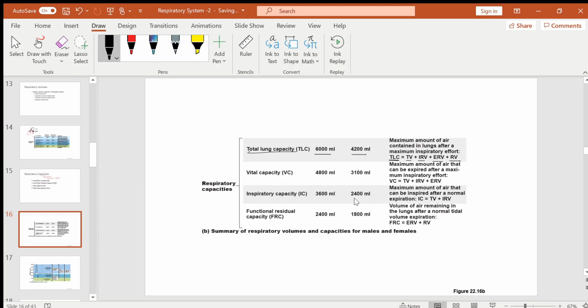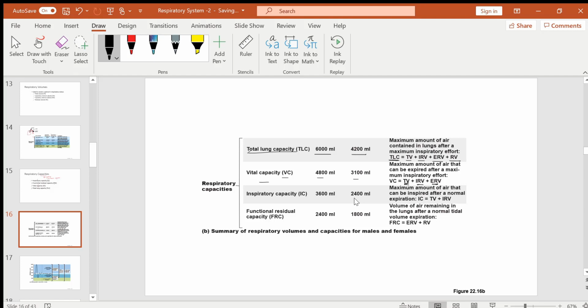One is the strength of the respiratory muscles, and number two, the size of the lung. Vital capacity: if you add tidal volume and two reserve volumes, inspiratory and expiratory, that gives you the vital capacity. This is also more in male, less in female.